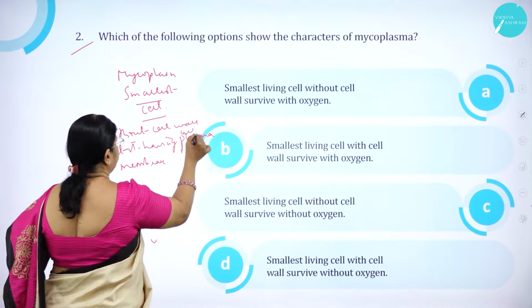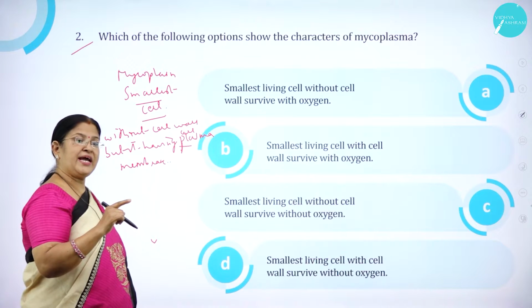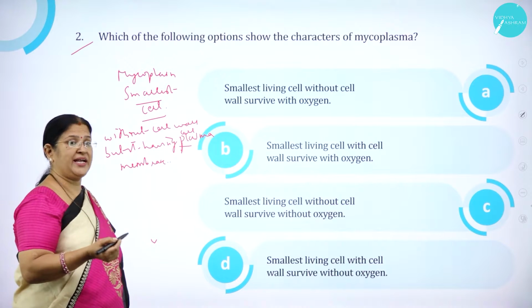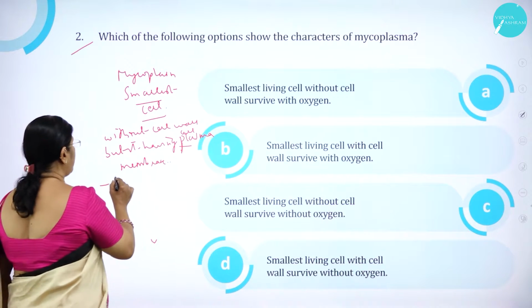Because it is not having cell wall, that is the reason why it causes diseases. It can withstand any antibody and it can survive without oxygen.